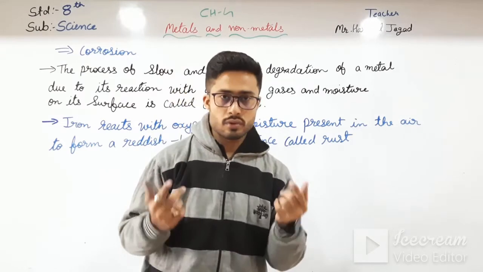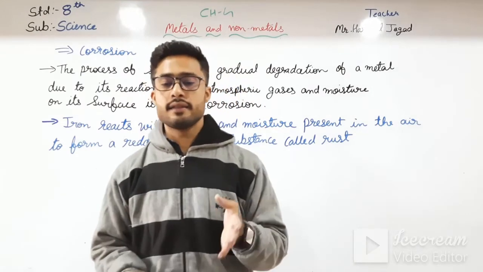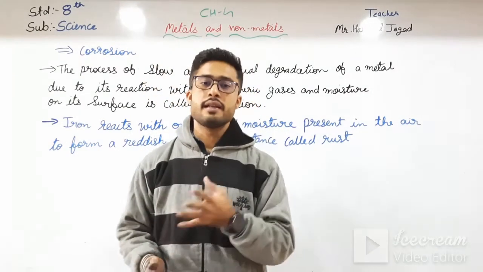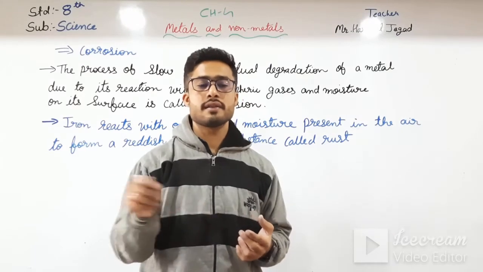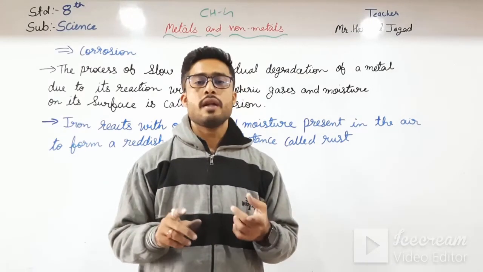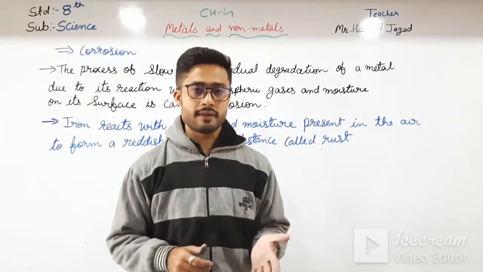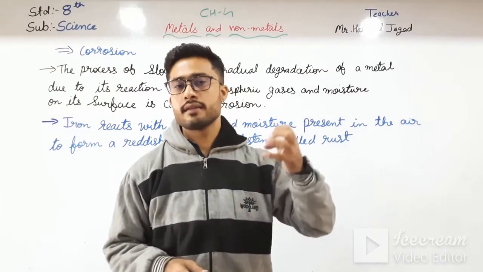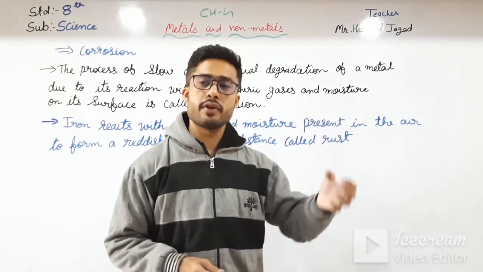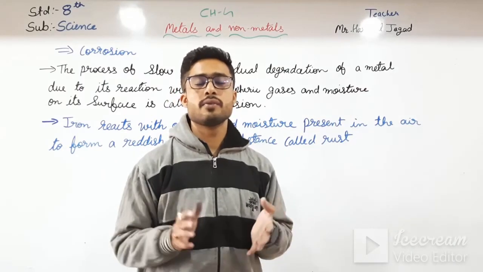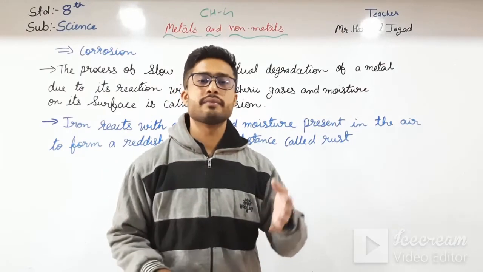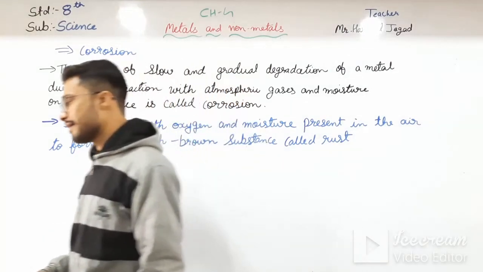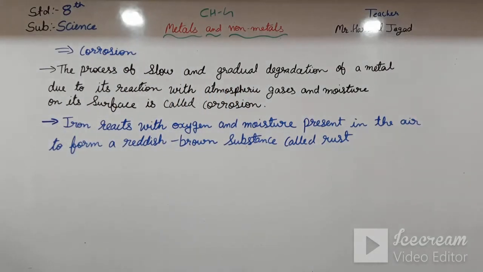Okay, so to prevent the iron from rusting, we paint it. If we paint the iron, then what will happen? It will not react with oxygen and the moisture. So all we do is paint on the surface of the iron. See here, it is written in your textbook paragraph.